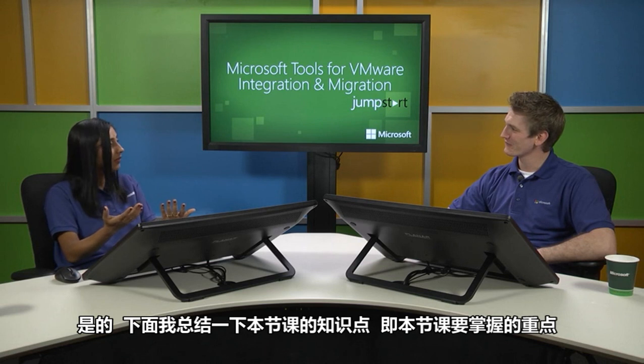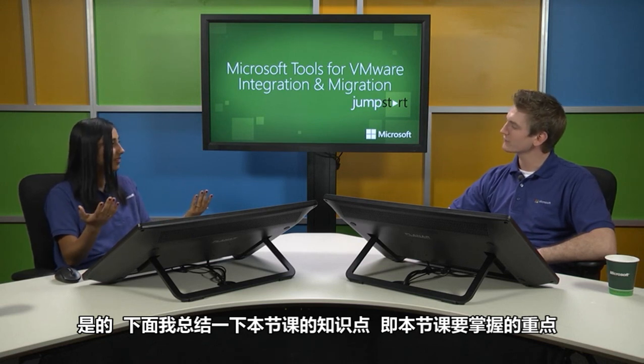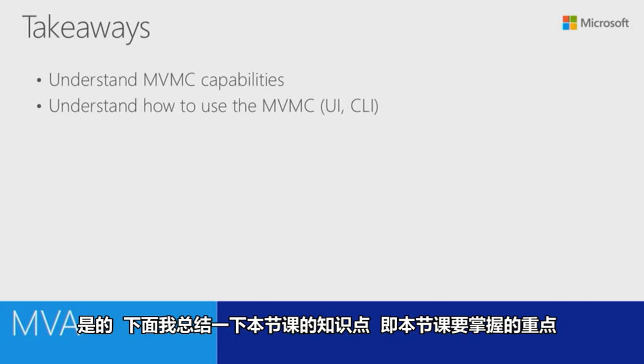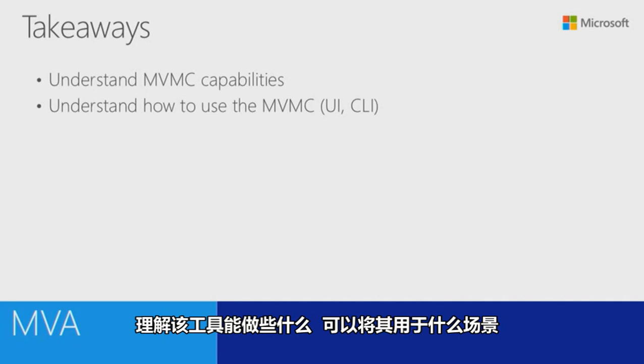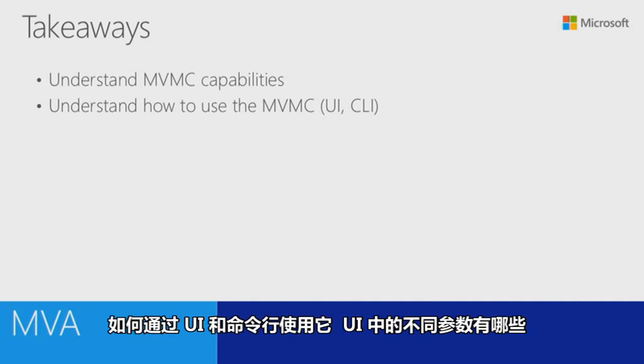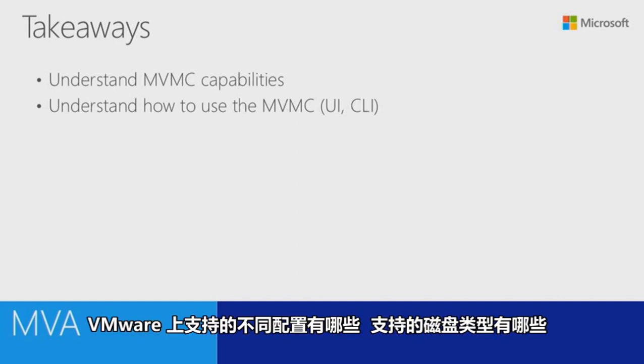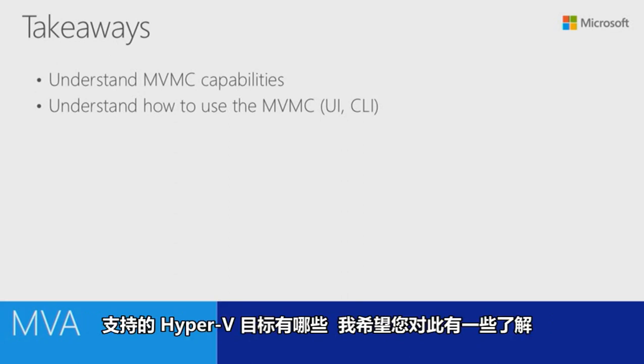So let's talk about what we did in this session. What are the takeaways? I hope that at the end of this session, our viewers can understand MVMC's capabilities better, what the tool does, what scenarios they can use it for, how they can use it through the UI and through the command line, what the different parameters in the UI are, what configurations are supported on VMware, what disk types are supported, and what Hyper-V destinations are supported.